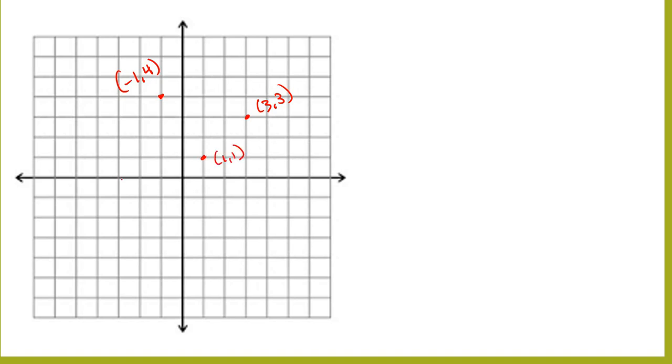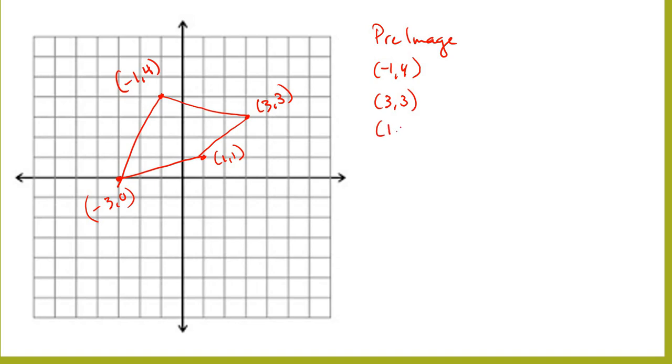And I'm going to put a dot at -3, 0. So I've got kind of a funky little four-sided shape here, a quadrilateral. So that's my pre-image. So I've got -1, 4, 3, 3, 1, 1, -3, 0.